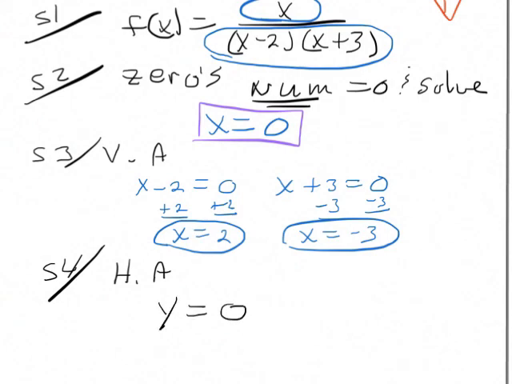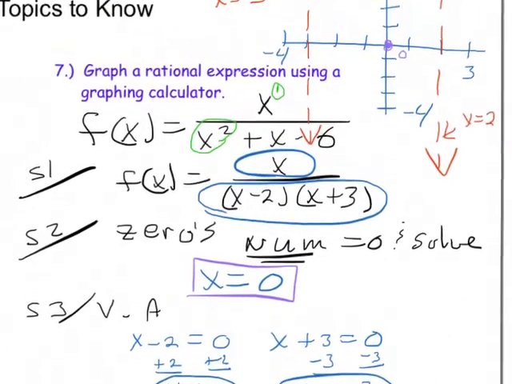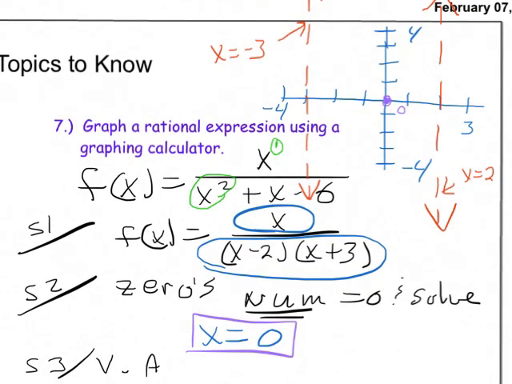Let's go up to our graph, and I am going to put that on there in red. Let me change this color here. So here is my horizontal asymptote, right through there, and of course I'm going to label it by saying y equals 0.